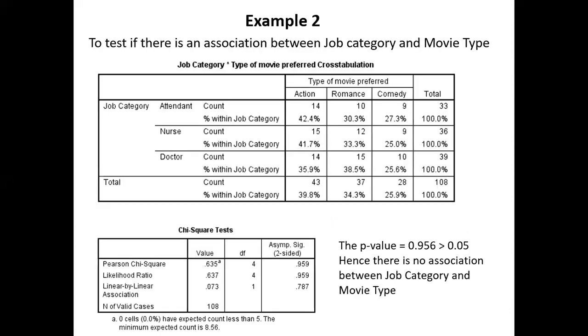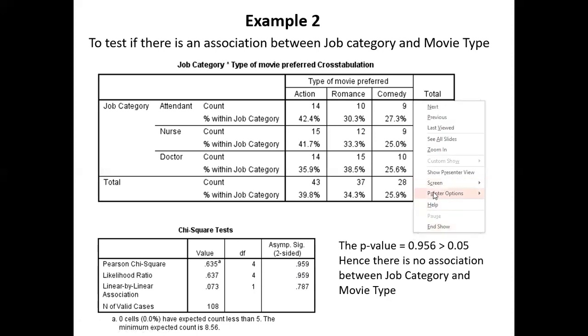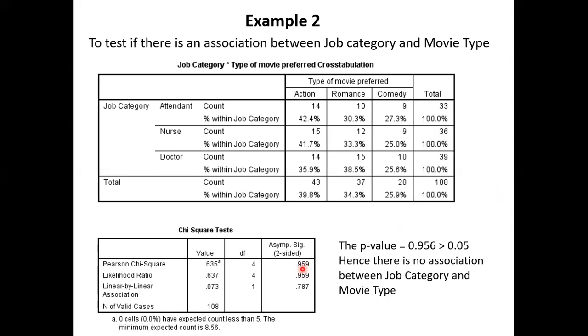The next example. Okay, job category and the movie they prefer. Job category: attendant, nurse, doctor. Movie they prefer: action, romance or comedy. So do the cross tab. Look at the p-value. The p-value is more than 0.05. Hence, there's no association.